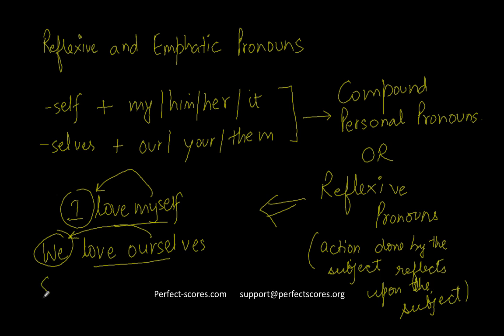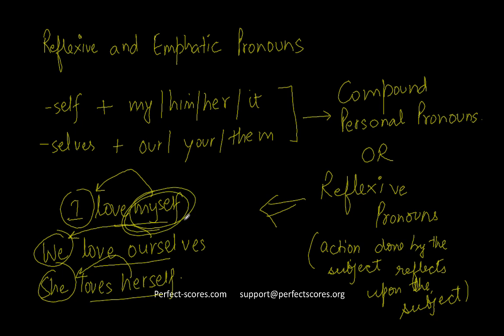Or let's say she loves herself. Again, the subject is she, and this action reflects back upon the subject, which is she. So these are known as the reflexive pronouns. Myself is a reflexive pronoun, ourselves is a reflexive pronoun, and herself is a reflexive pronoun. You can add so many examples using each of these.